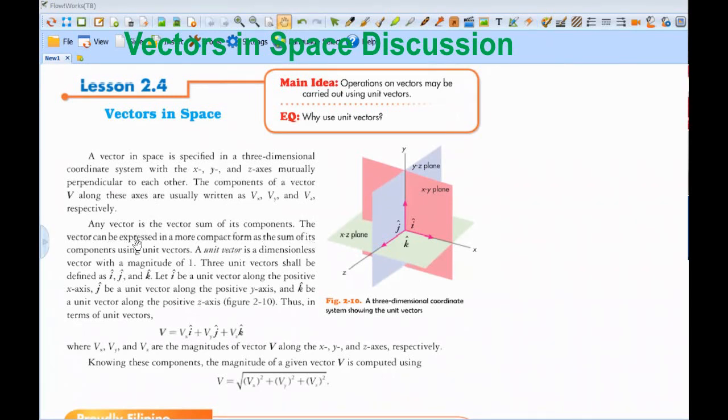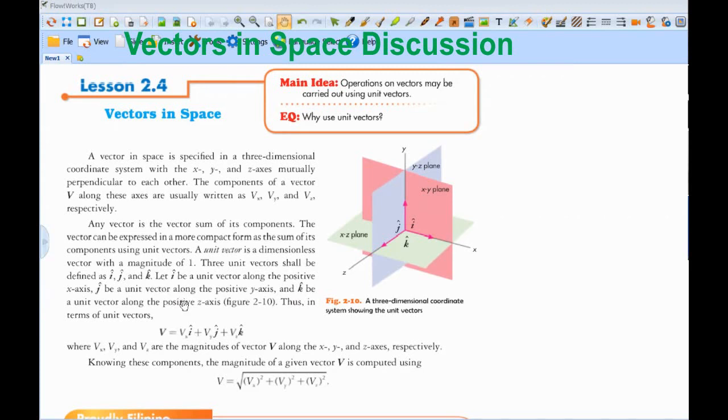So the vector can be expressed in a more compact form as the sum of its components using unit vectors. A unit vector is a dimensionless vector with a magnitude of 1. Three unit vectors should be defined as i hat, j hat, and k hat.